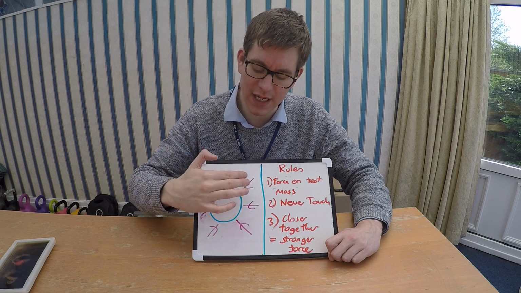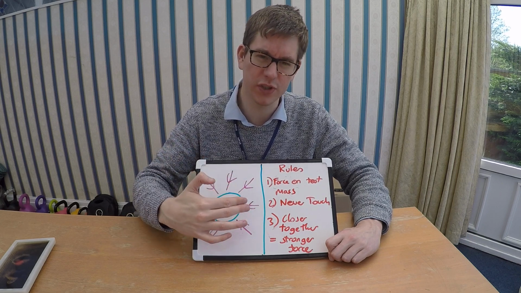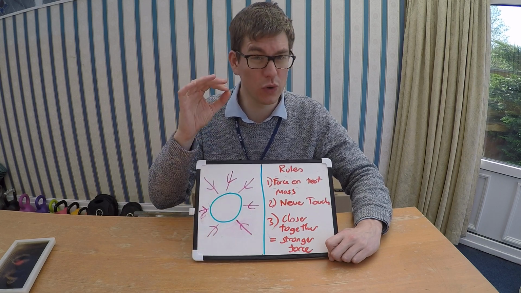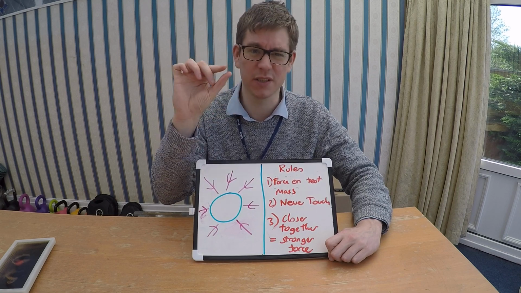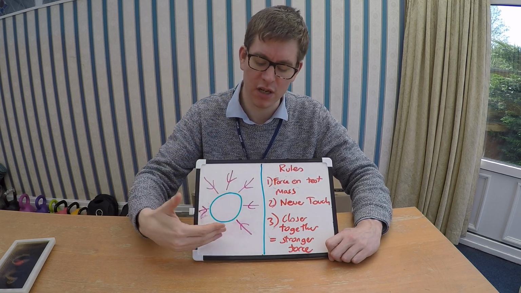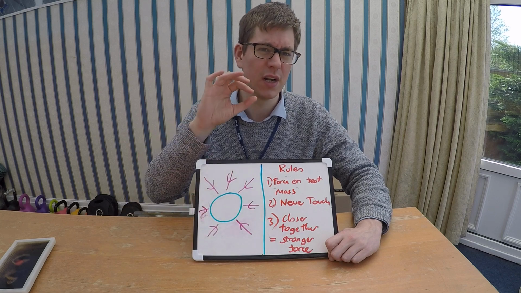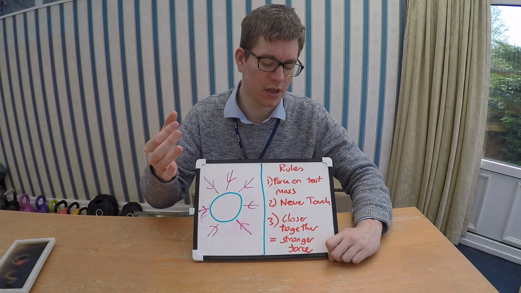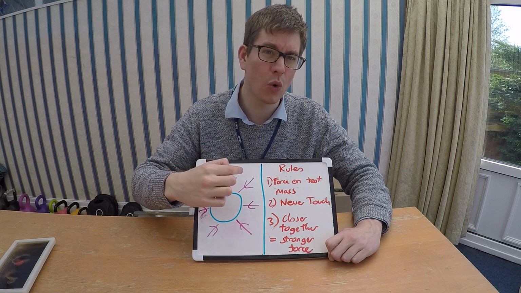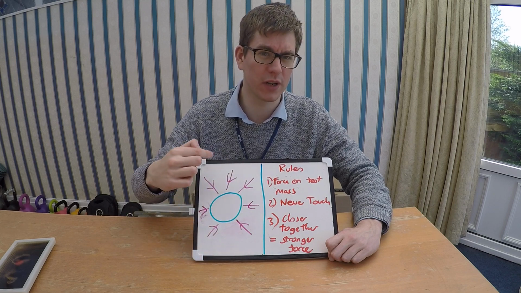So the field line at any point shows you the force that would happen if you got a test mass. That just means a mass small enough that it isn't going to show up in your field line, so an infinitesimally small mass.